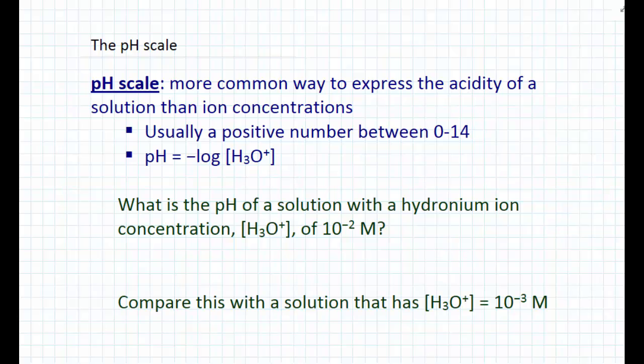If we have a solution with hydronium ion concentration, H3O+ in brackets, of 10 to the negative 2 molar, pH is the negative log. So for this one, negative log of 10 to the negative 2.